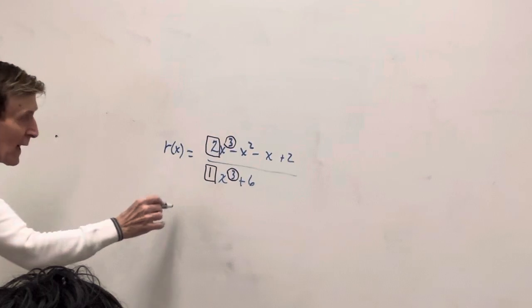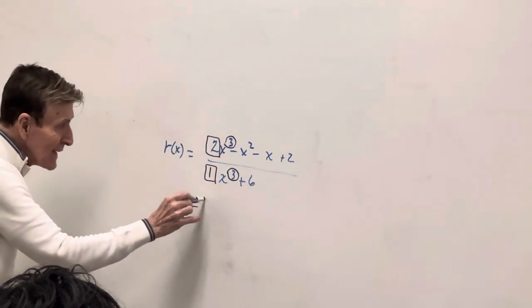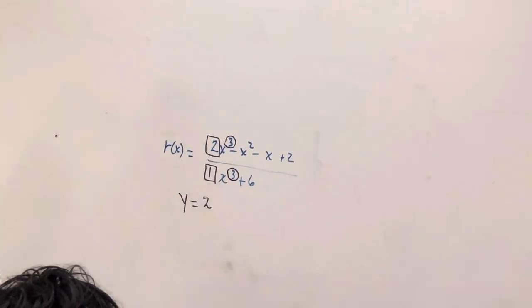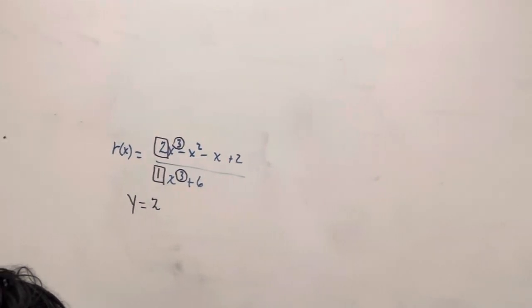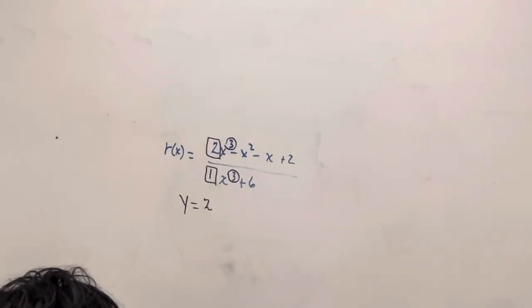So quickly, my horizontal asymptote is guaranteed to be, in this case, up at 2. I love that case, but that's when those degrees match up. They've got to match up exactly. So we have a horizontal asymptote at 2 in this case.